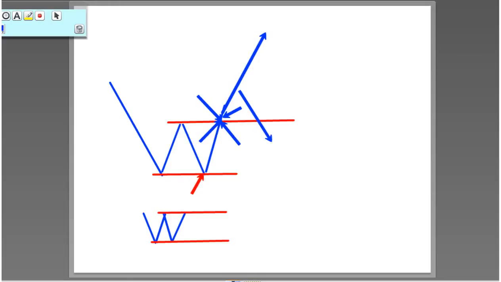Now the other way one could look at trading the W pattern is the way that I kind of like to do it.